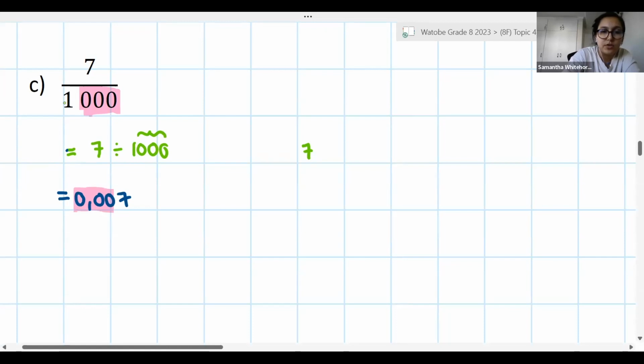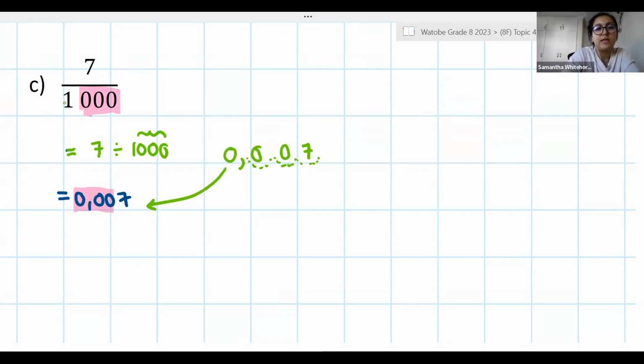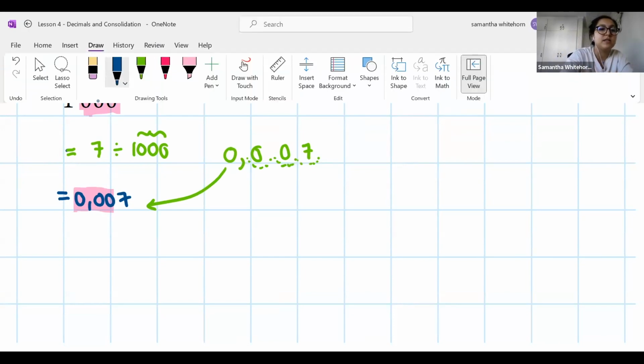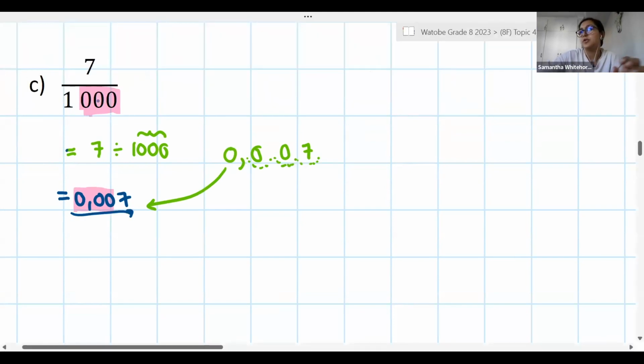Every time we've moved it, we put in a 0. And so that's how I know I've got my 3 zeros in front of the 7, with the decimal in between the first and the second. So here, 7 over 1,000 is equal to 0.007.